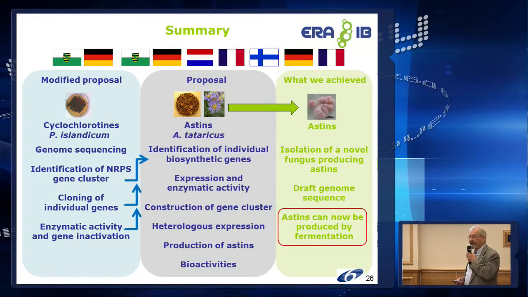There's everything in there. So we have an expression, we have the compound, and now it's as easy as that, just ferment the strain, produce the compound, and now we can do the analysis of the compounds, looking for novel activities, and now we need a few liters to get the same amount as you can get using kilograms of astin roots.